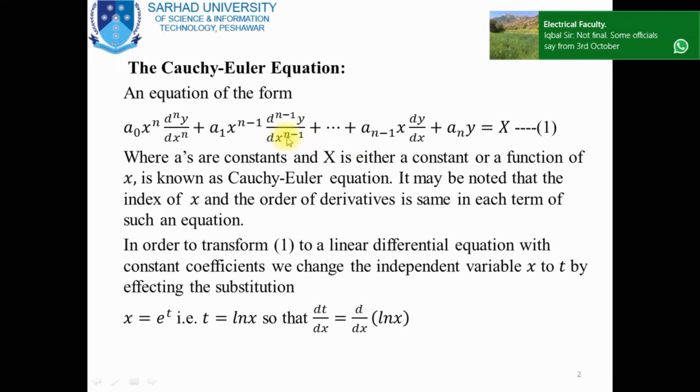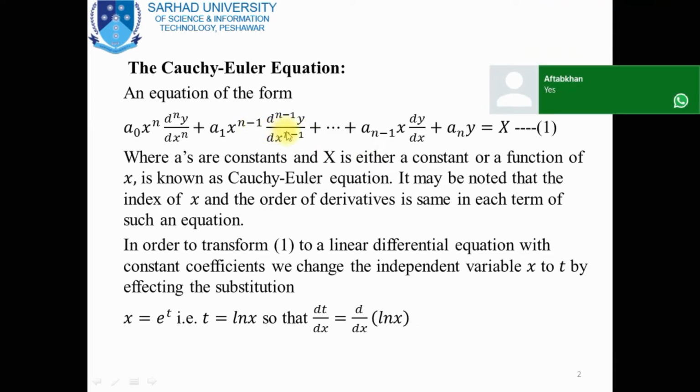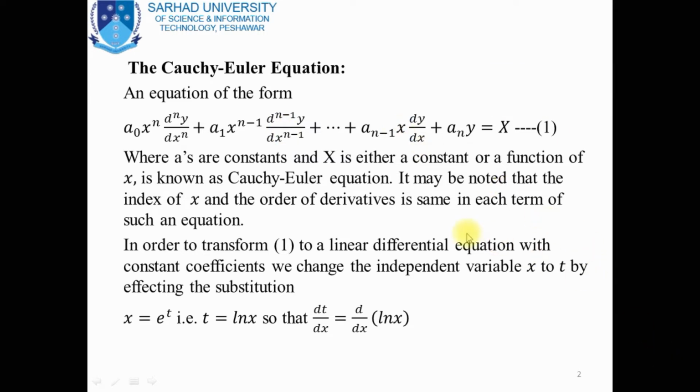So I would like to tell you about the procedure for the solution of the Cauchy-Euler differential equation. It may be noted in this equation that the index of x and the order of the derivative are the same in each term of such an equation.